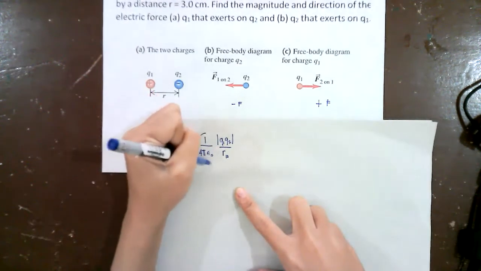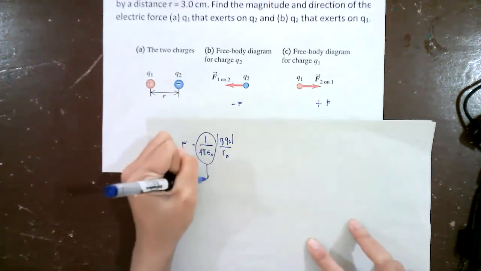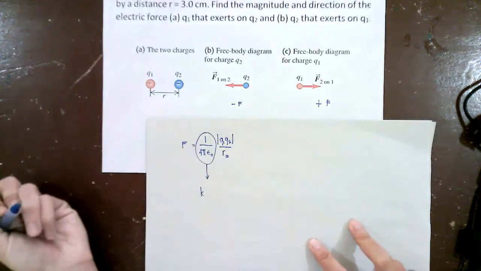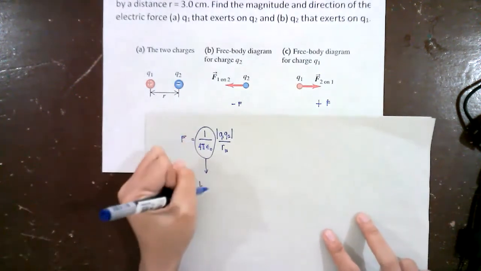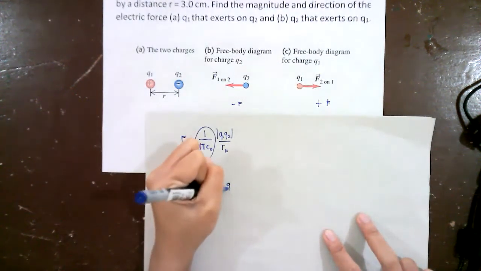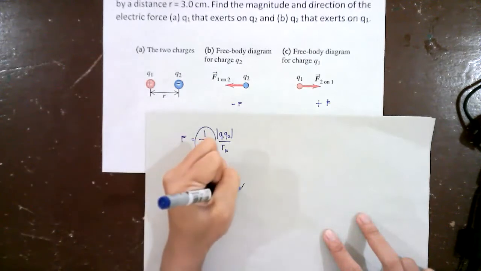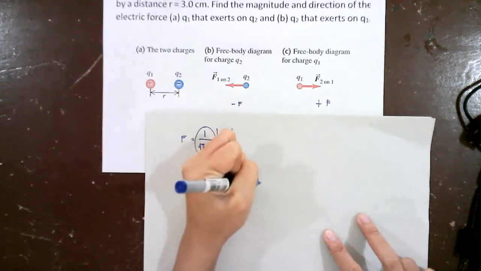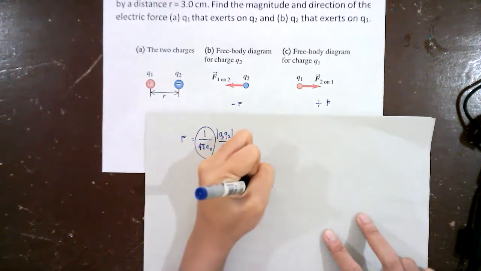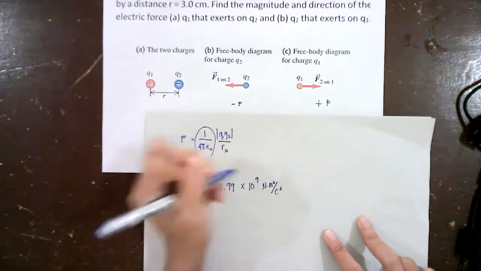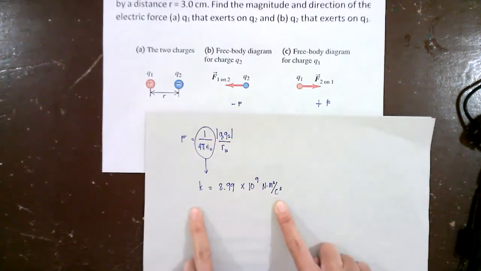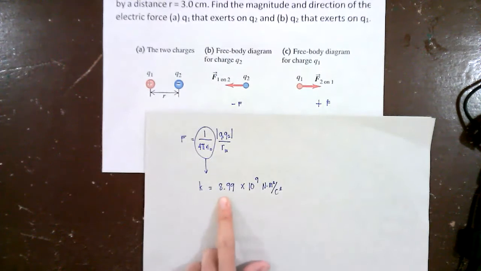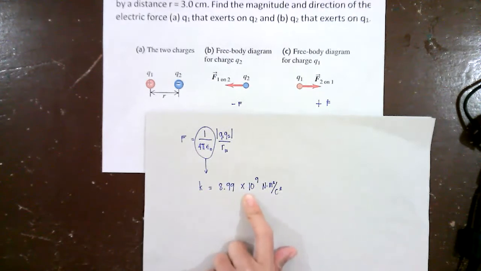Now this variable here is equivalent to what we call the K constant. Your K constant is given as 8.99 times 10 raised to 9 Newton meter squared over C squared. So this is a constant value. Other books use 9.0, so kung i-round off ninyo ito, it's 9.0. So other books or other references use 9.0 times 10 raised to 9.